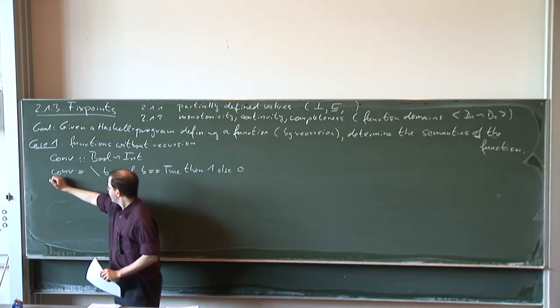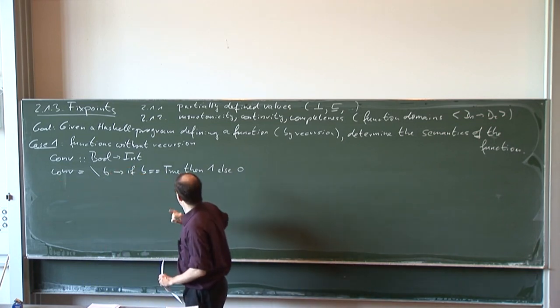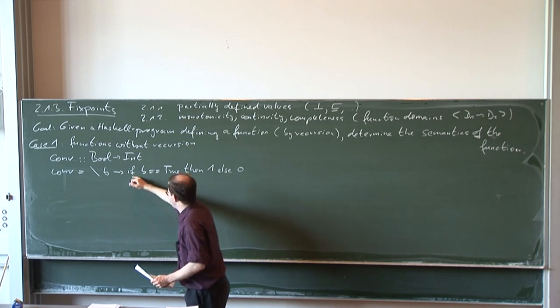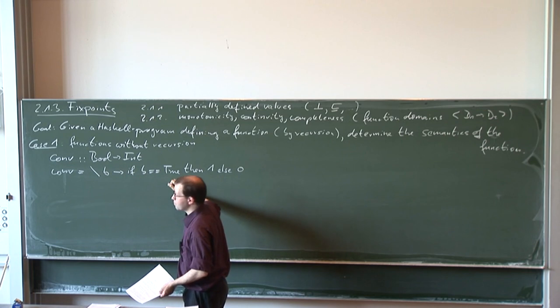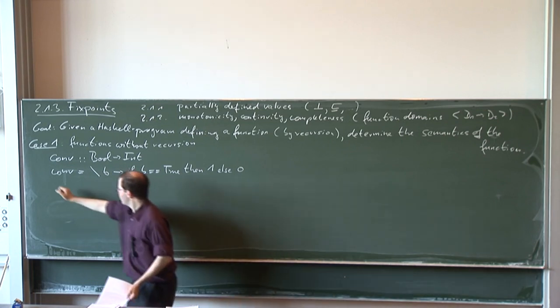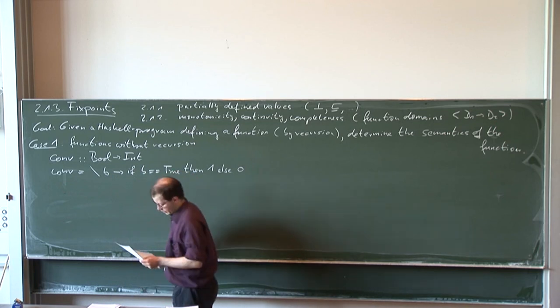In other words, if we replace conf by a real mathematical function here, and if we replace the functions that occur over here, so things like, well, the if statement or true or false and 1 and 0, if we replace them by their semantics as well, then the thing that is on the left-hand side should be the same as the thing on the right-hand side.